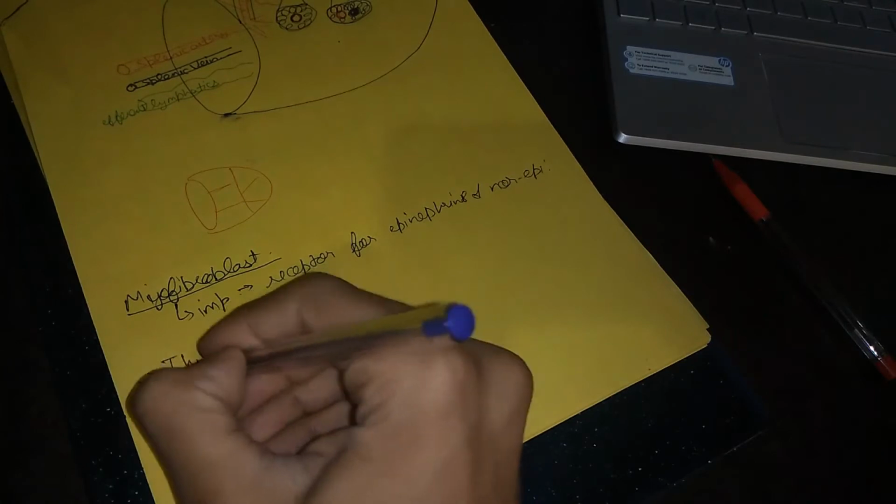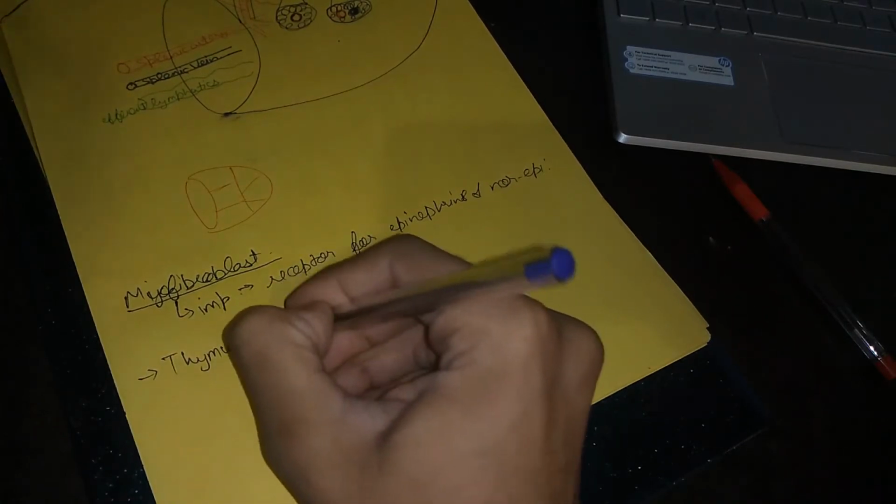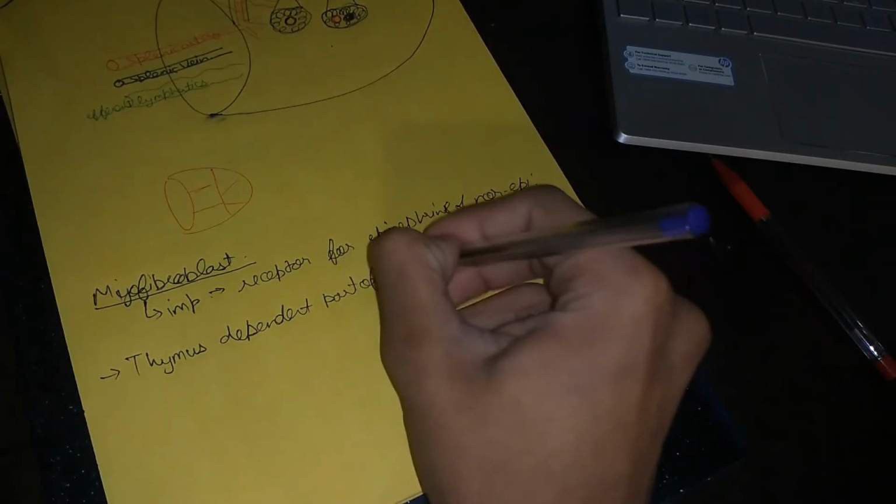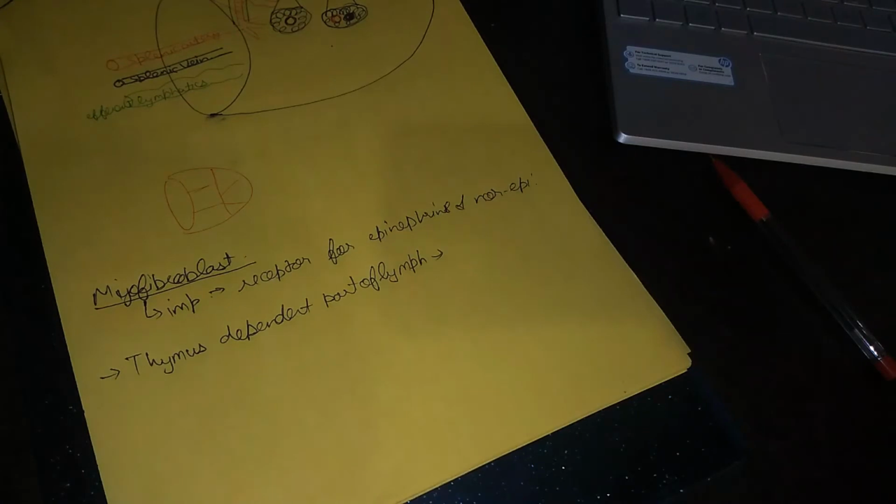Thymus dependent part of lymph node. As we know, the T cells are present in the inner cortex of the lymph node. The T cells are produced by the thymus, so the T cells are also present here.